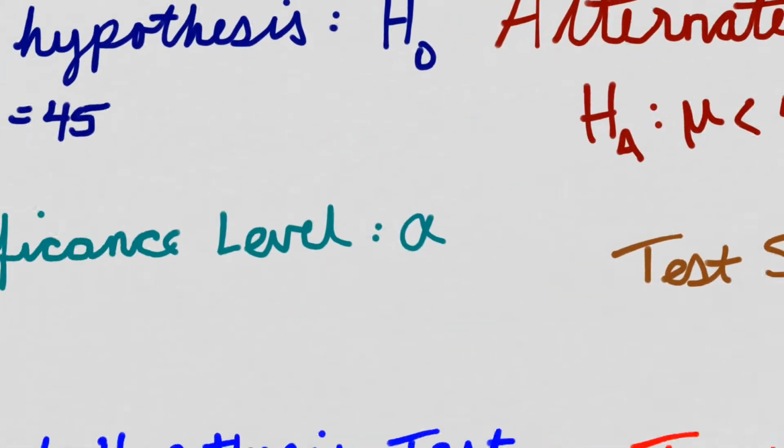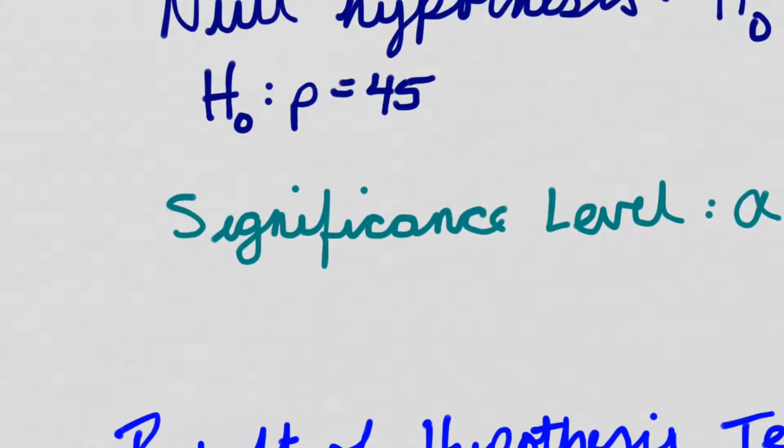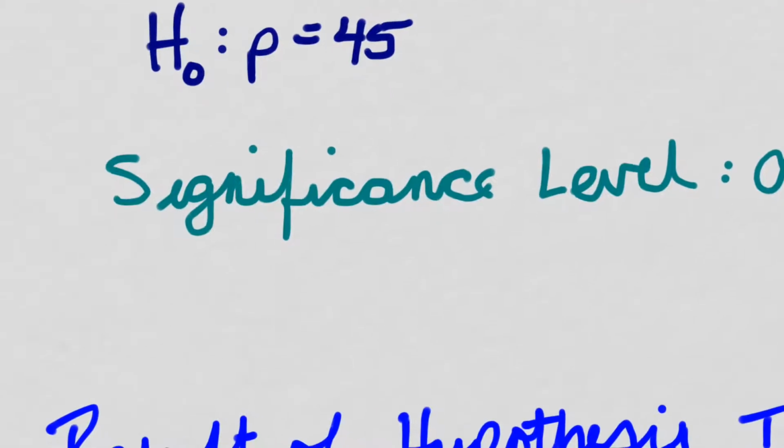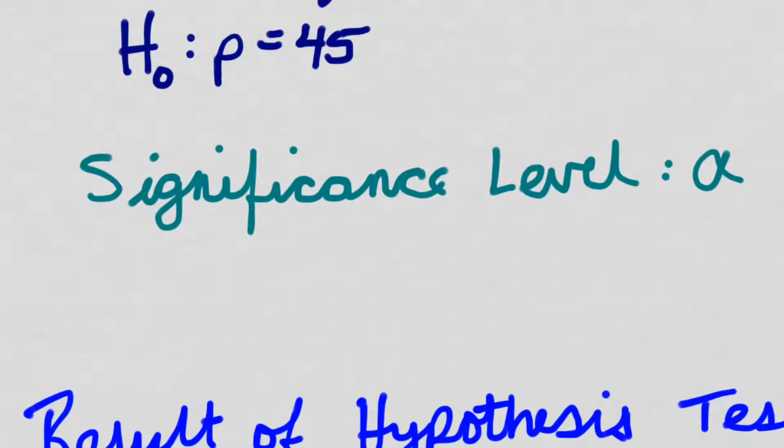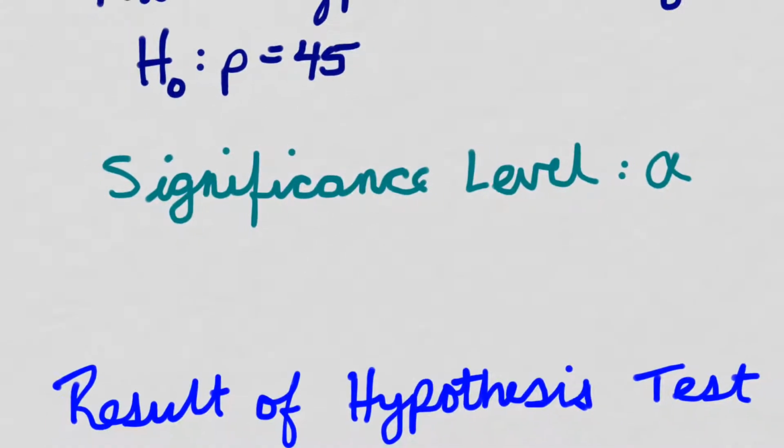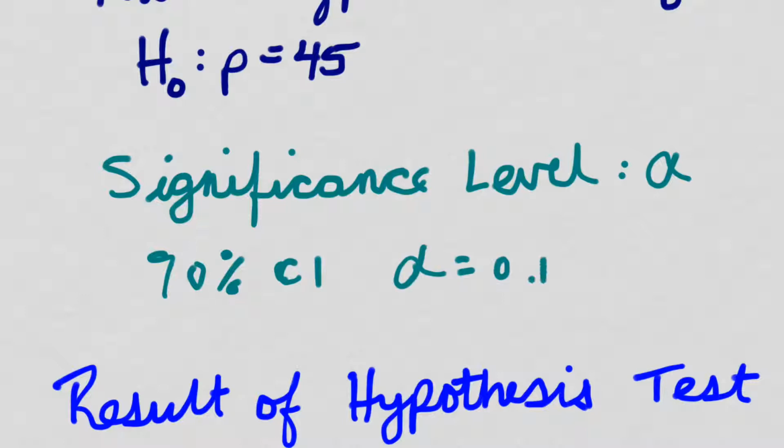Once we have our null and alternate hypotheses, we begin talking about significance levels. Thinking back to when we did our confidence intervals, if we had a 90% confidence interval, we would say our significance level, or alpha, was equal to 0.10.